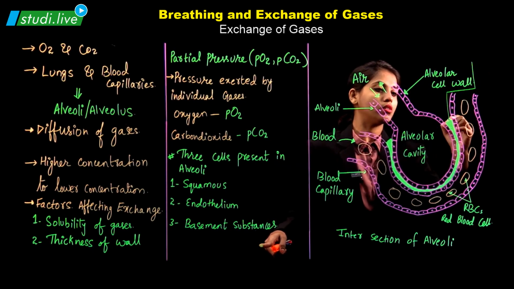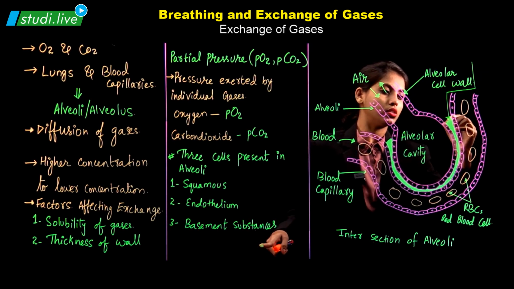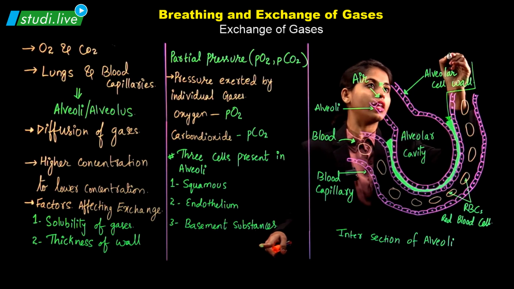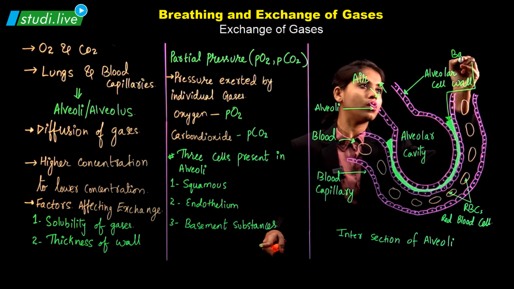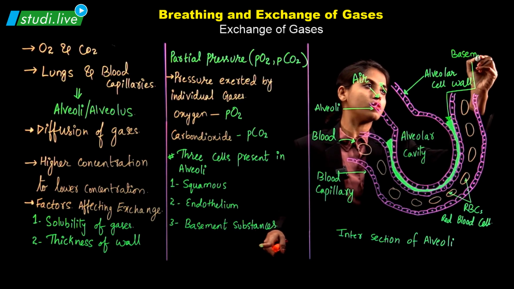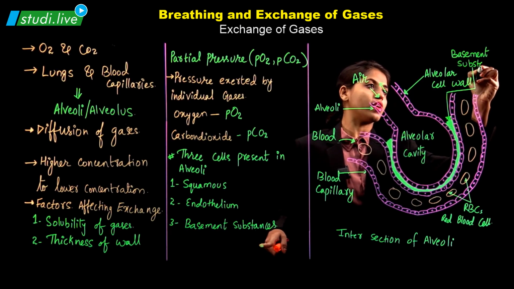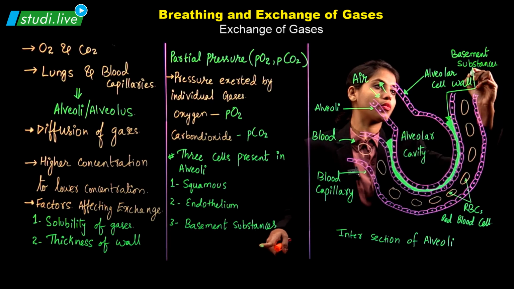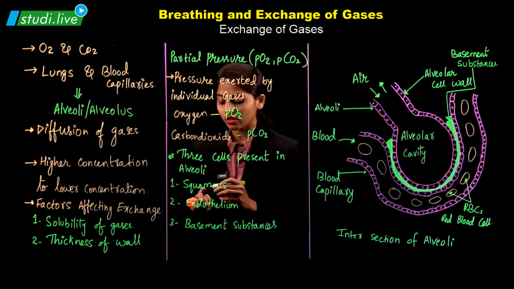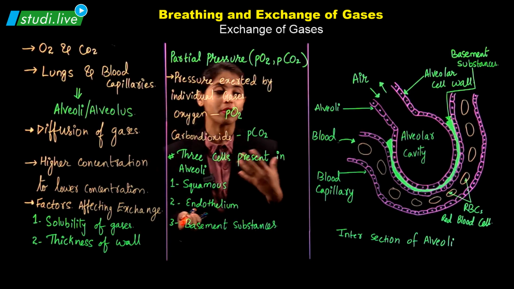Over here, what is this? This is called the basement substance. Okay, student. So, what are the three important cells which are present in the alveolar cavity?